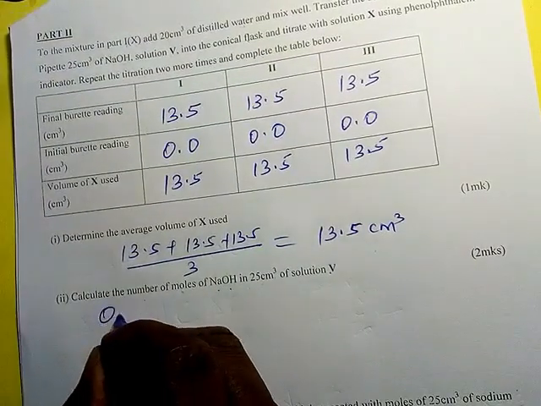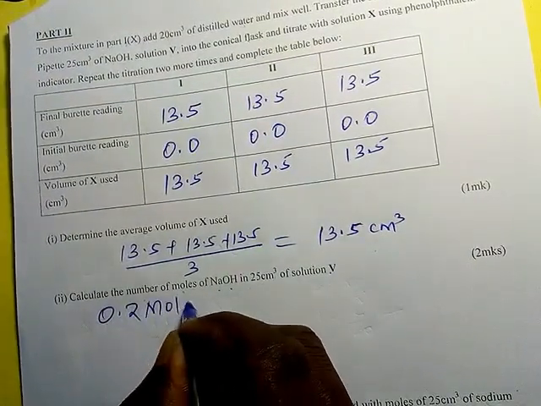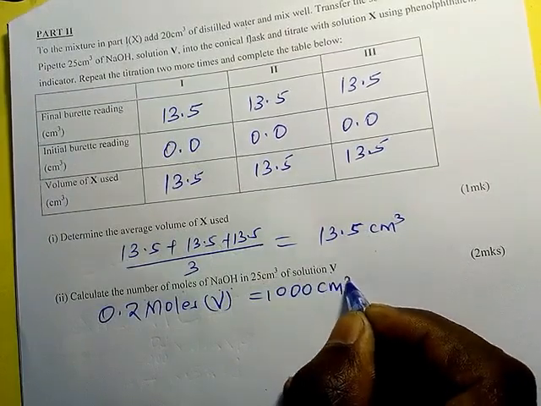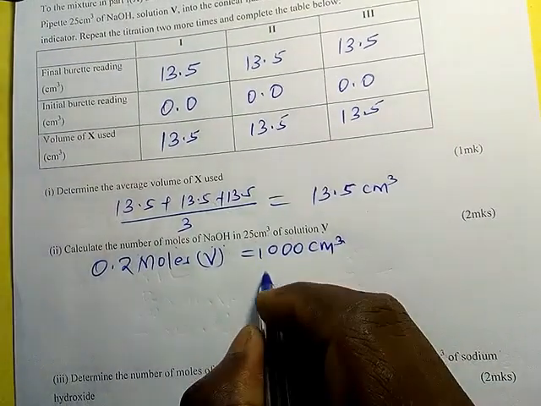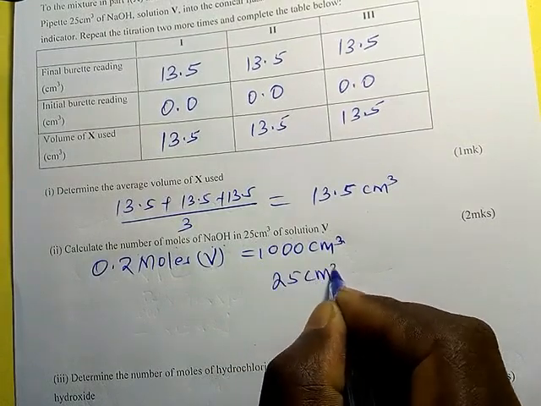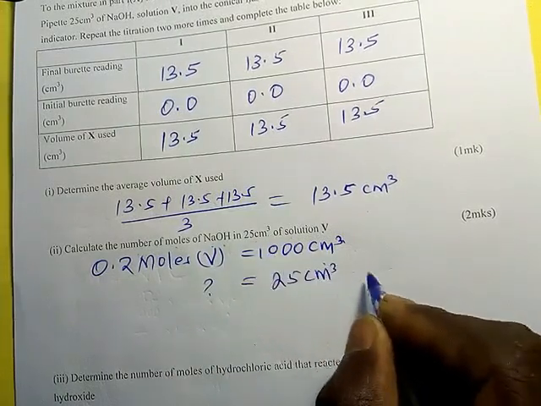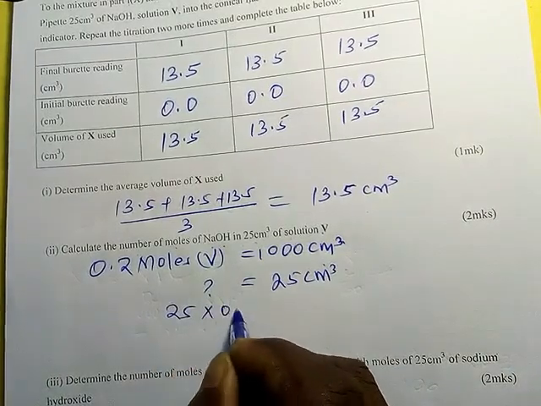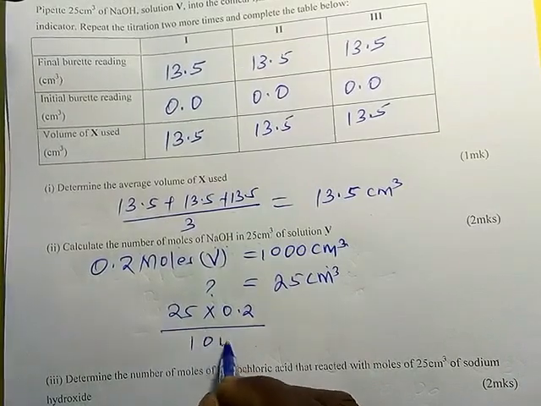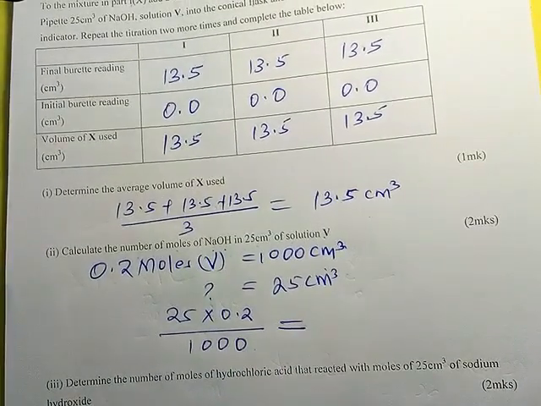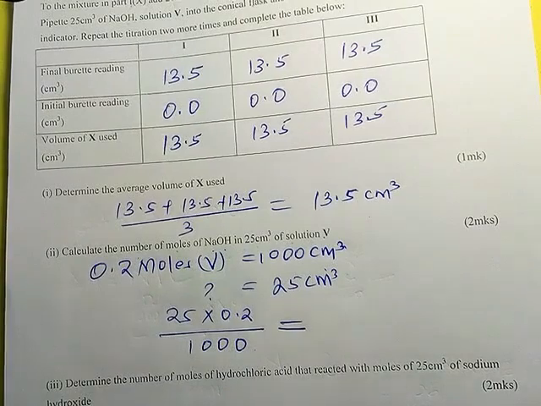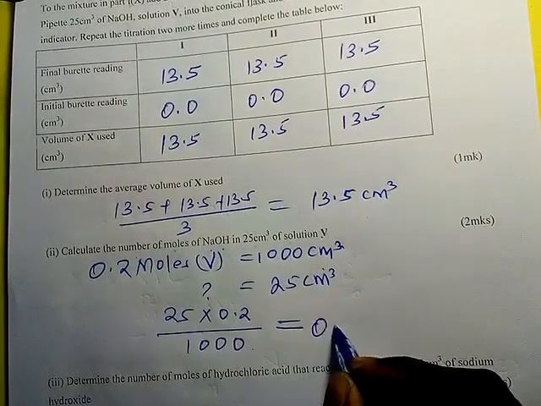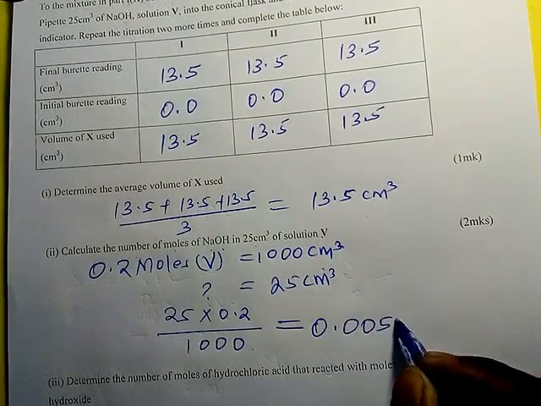So 0.2 is the number of moles of solution V in 1,000 centimeters cube. So we will ask, what about 25 centimeters cube of the same solution V? What will be the number of moles? That is 25 times 0.2 divided by 1,000. This is going to give us 0.005 moles.